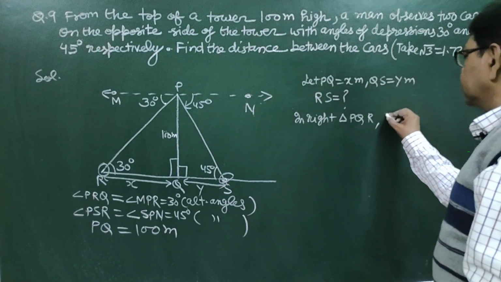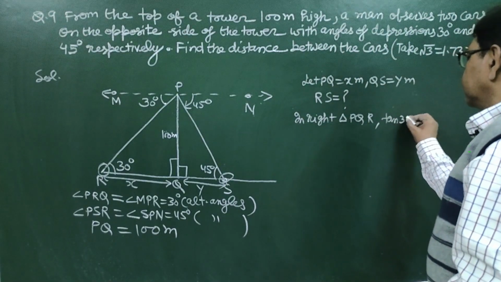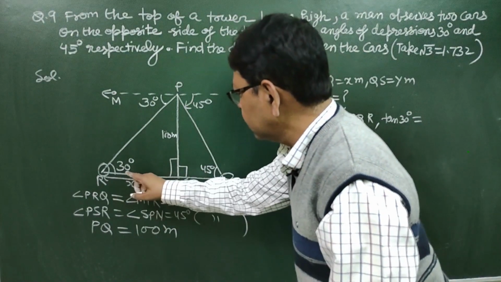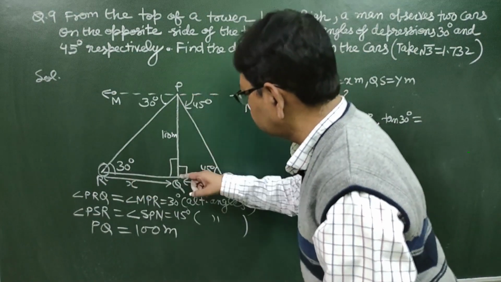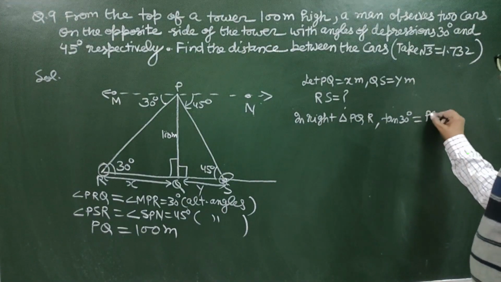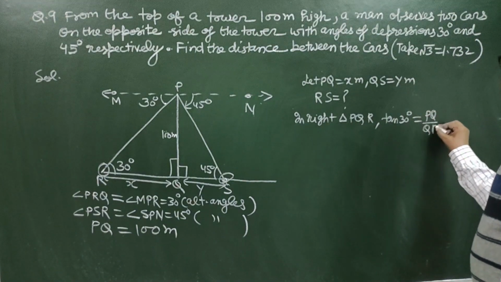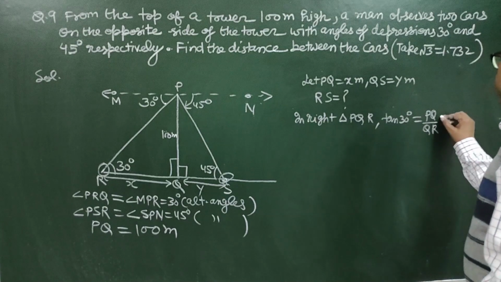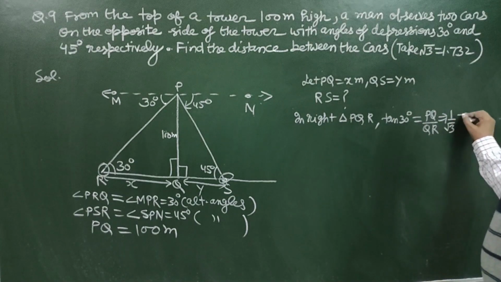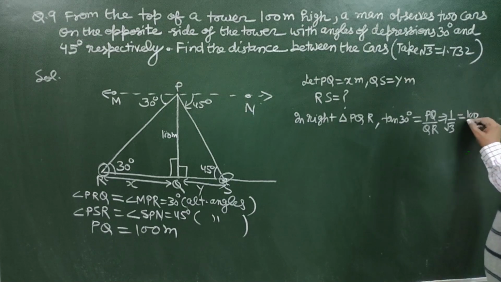So tan 30 degree is equal to, in this triangle, tan theta is equal to perpendicular, that is PQ upon QR, which implies that tan 30 is 1 upon root 3 is equal to PQ is 100 and QR is x.